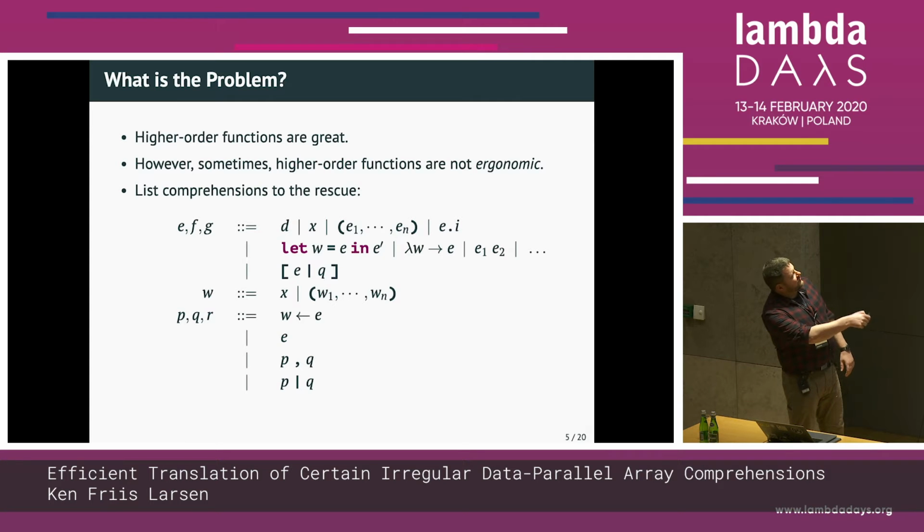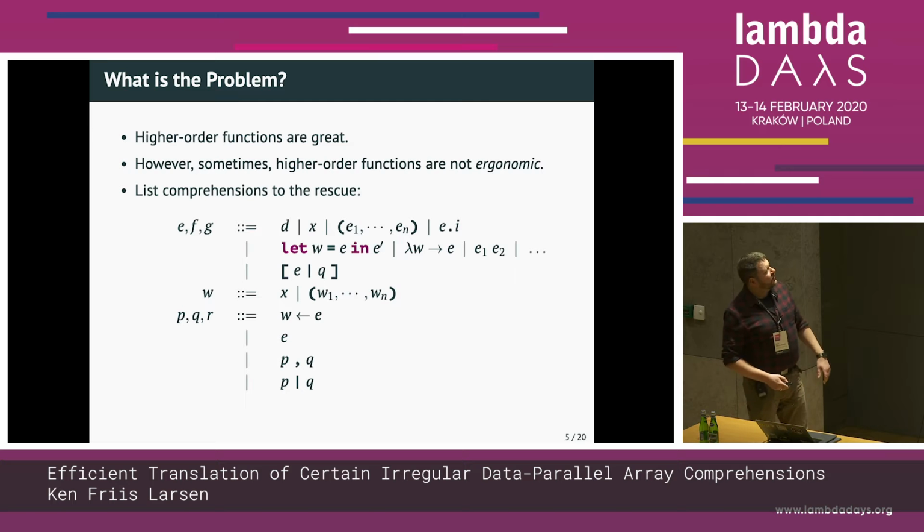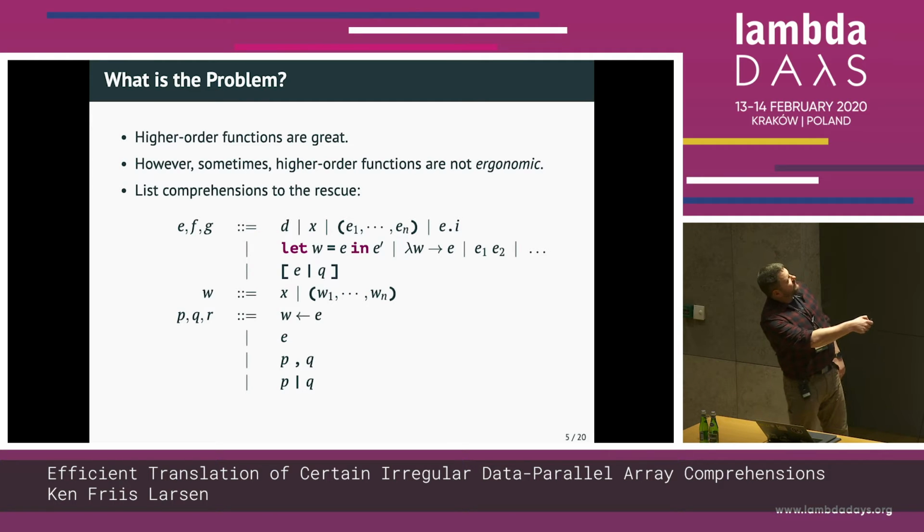And here is just what I could fit in of the grammar for list comprehensions. It's basically taking Haskell's syntax. So we have lots of the usual expressions. We have numbers and variables, tuples, lets, and higher order function literals, function application, and lots of other stuff.